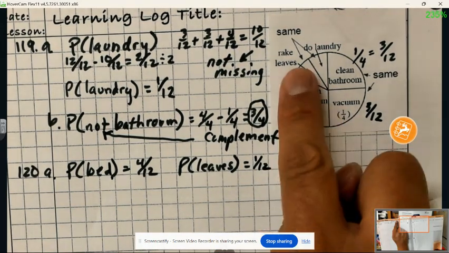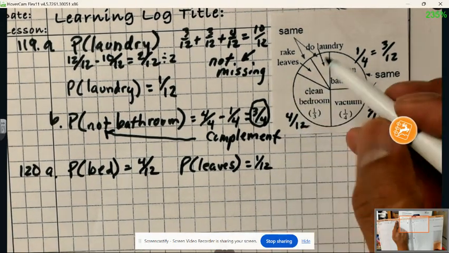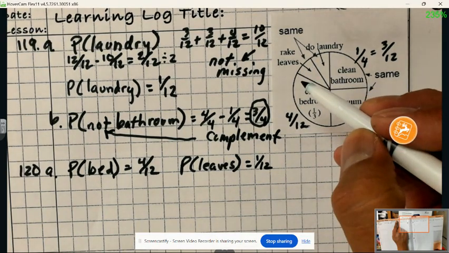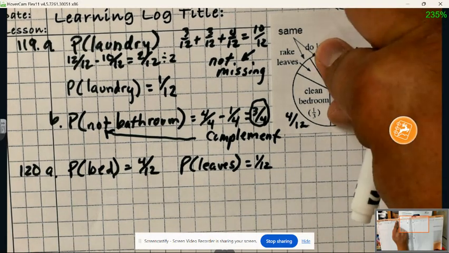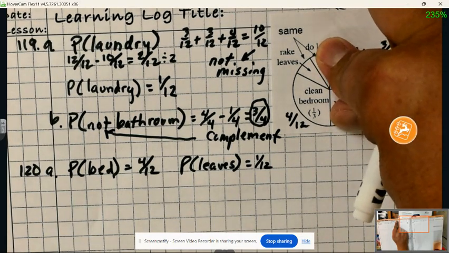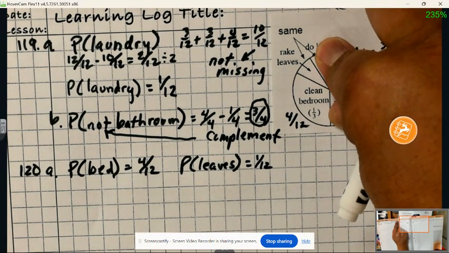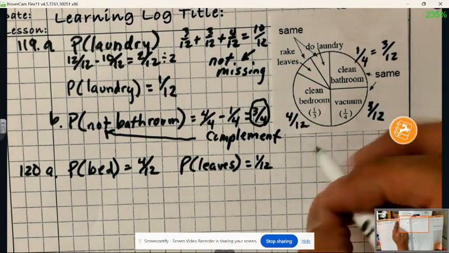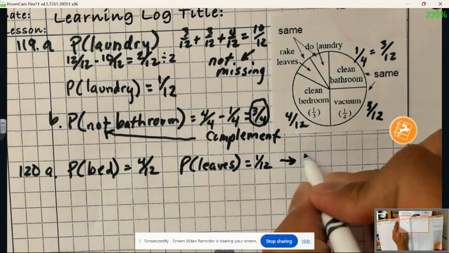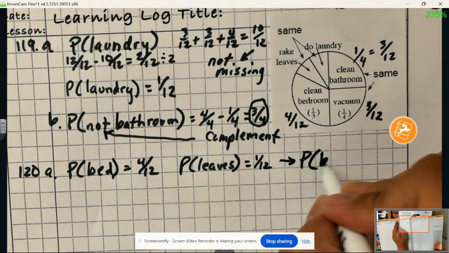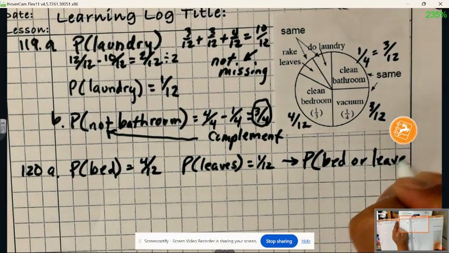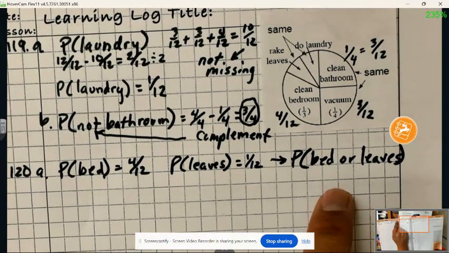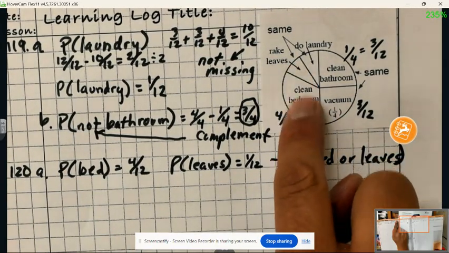Now keep in mind that both of these would make Aunt happy. So if we landed here, Aunt's happy. Here, Aunt's happy. Anywhere in these areas, Aunt's happy. So this whole area, Aunt is happy. So we're trying to figure out the probability of getting the bedroom or raking the leaves. In other words, where the Aunt will be happy with either one.